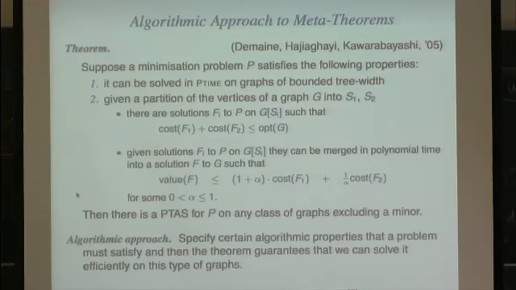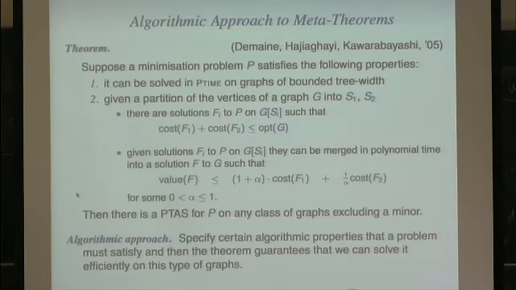And the theorem says, well, if you can solve your problem in polynomial time on graphs of bounded tree width, which we'll see in a moment, and further you have these two algorithmic conditions. So if you split a graph in two parts, then the optimal cost doesn't increase too much, and the sub-solutions in the two parts you can combine efficiently somehow. This is roughly what it's saying here.